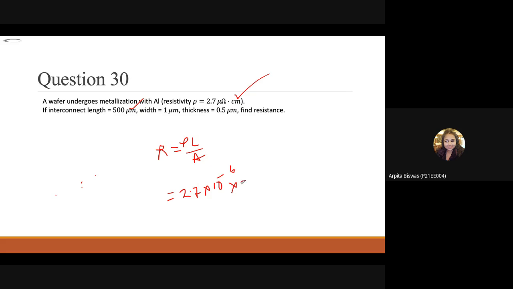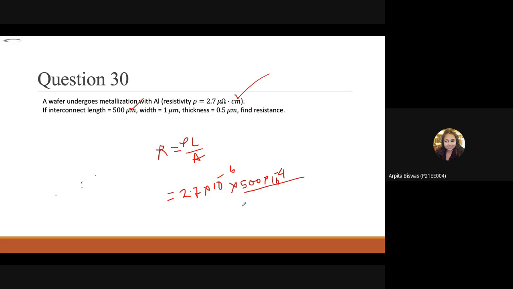So 500 into, just convert it to meter. Micrometer means 10 to the power minus 6, but it is meter to centimeter, I think. Just convert it.